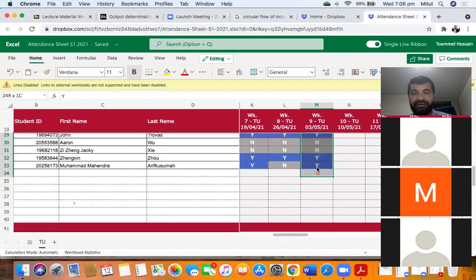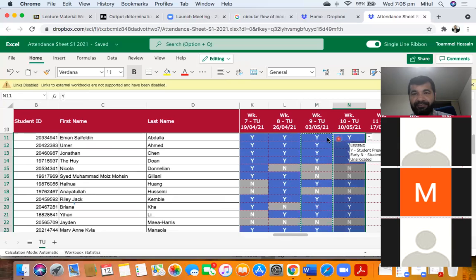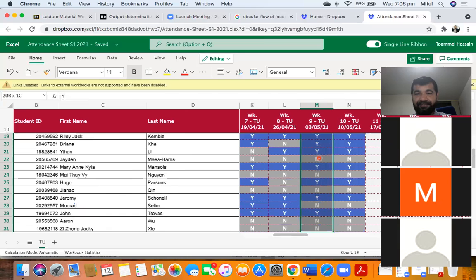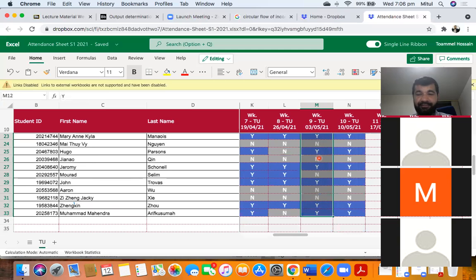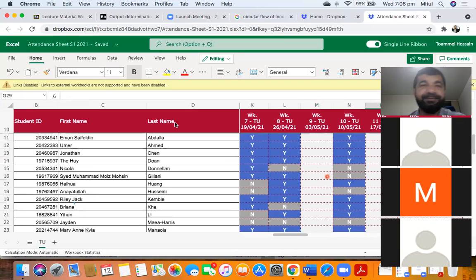The format will be gone. They are supposed to be blank. Okay, let's take it all together then. That's fine now.